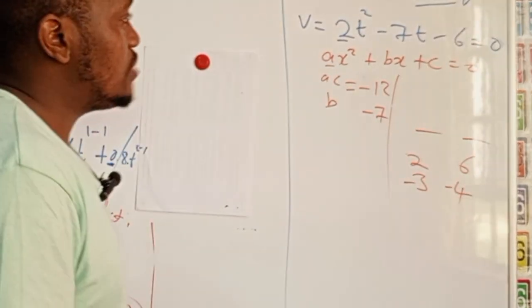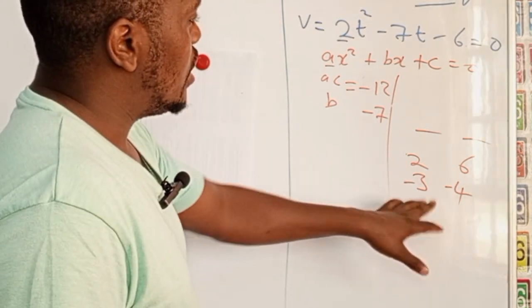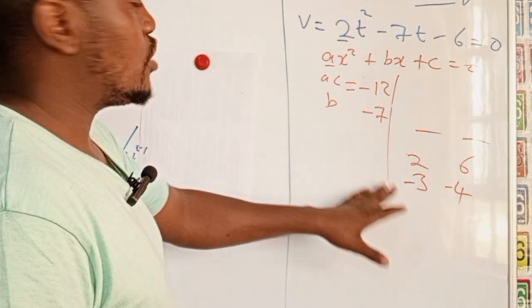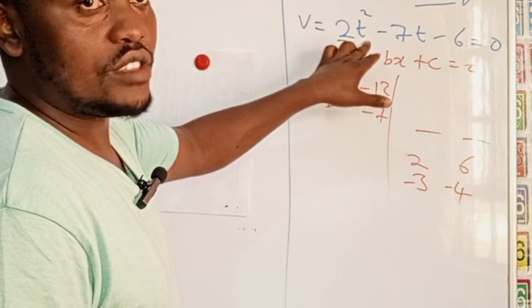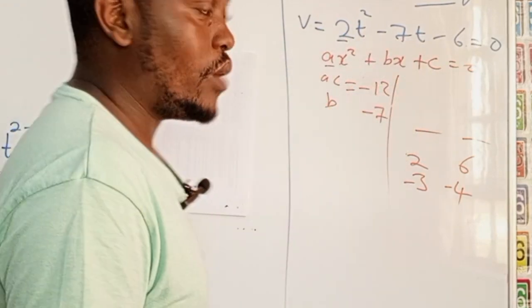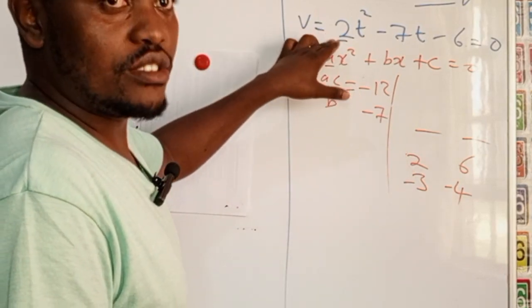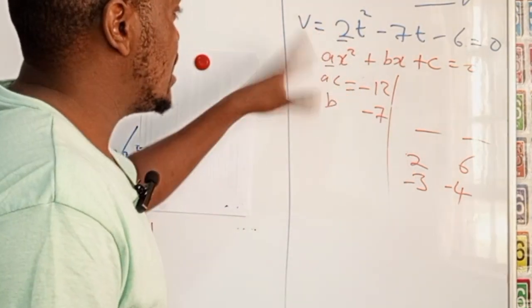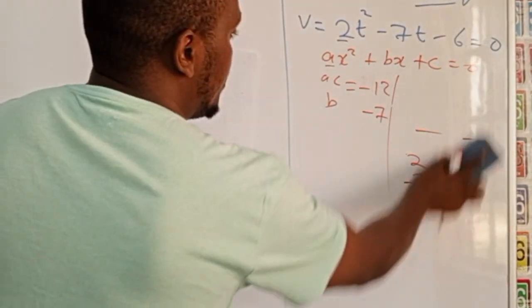Now, we have seen you need to be conversant with all methods. The factorization method is not possible to get the value of t when the velocity is 0. Why? When it is impossible, it means that t is a fraction. It has decimals. Therefore, you change this and use the quadratic formula.